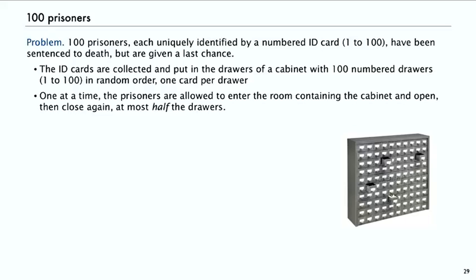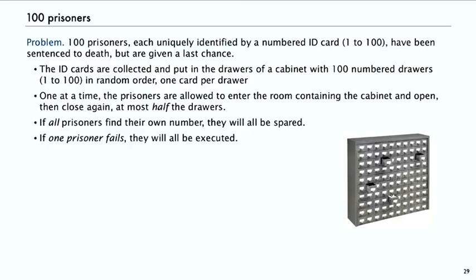Then when the prisoner comes out, they have to announce what drawer their number is in. And if all of them find their own number, then they won't be executed. But they all have to find their own number. If any one of them doesn't, then they're all executed.